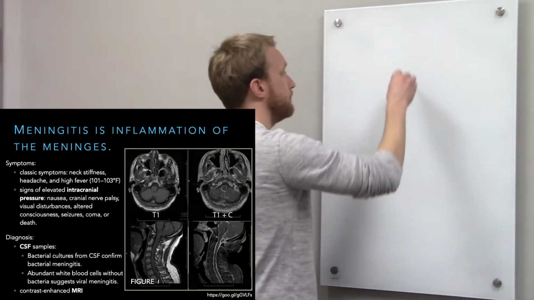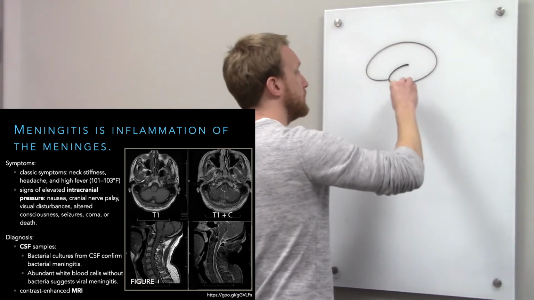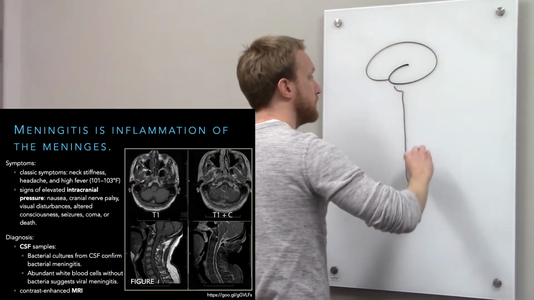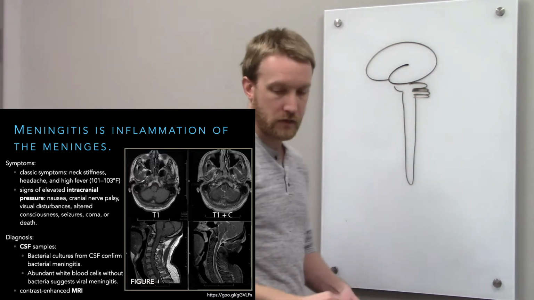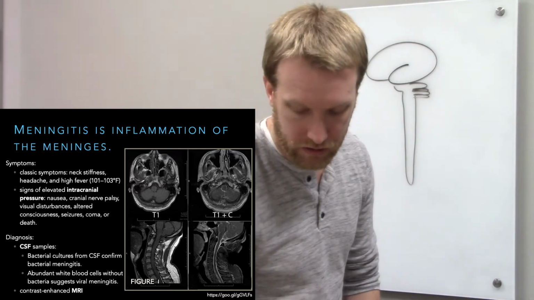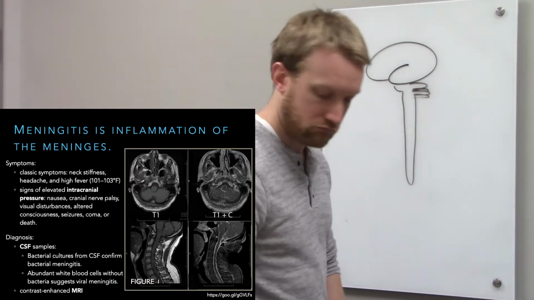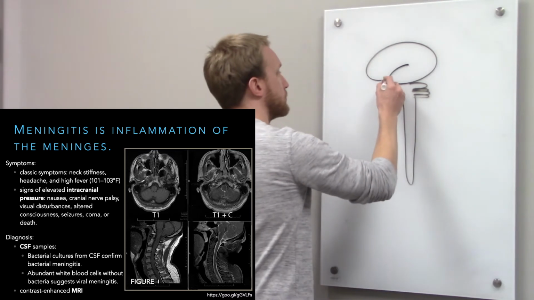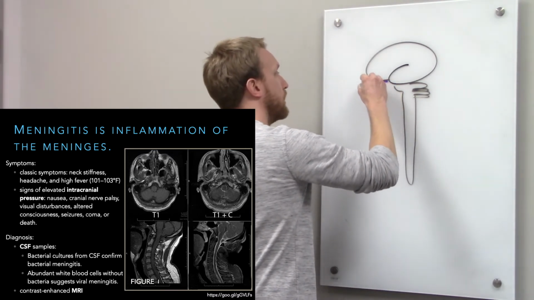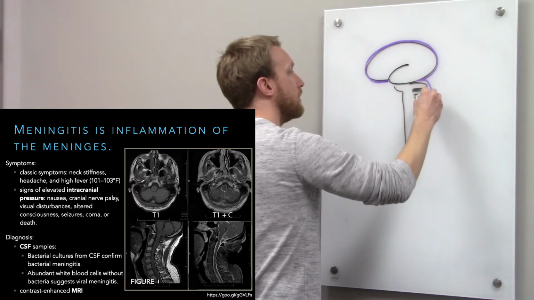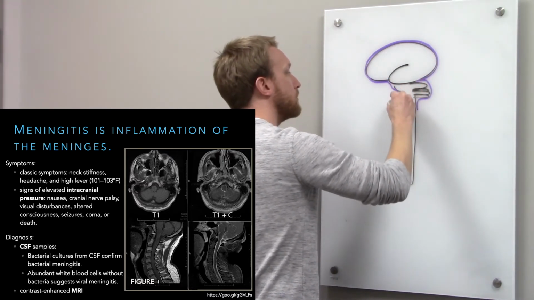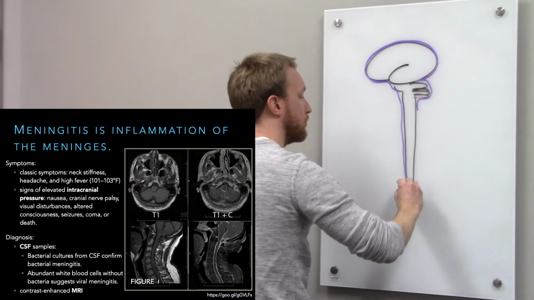Well, if it did, we'll detect it with a CSF sample. So right now we're kind of all about the meninges. Those are of course going to wrap around the brain, brain stem, spinal cord.